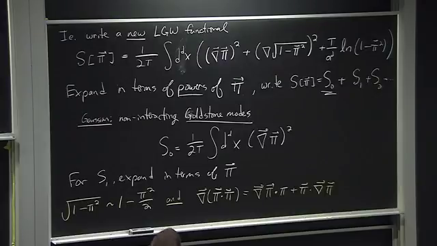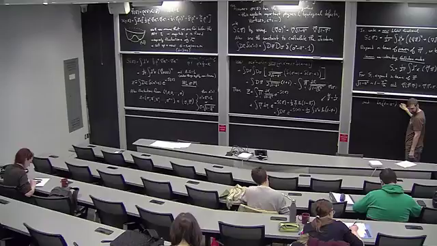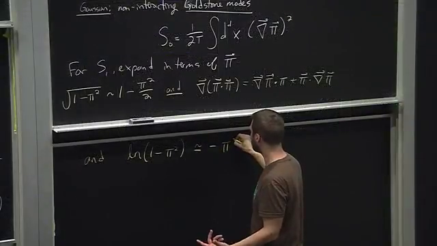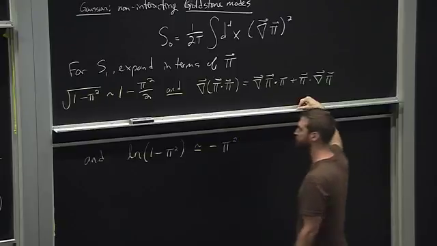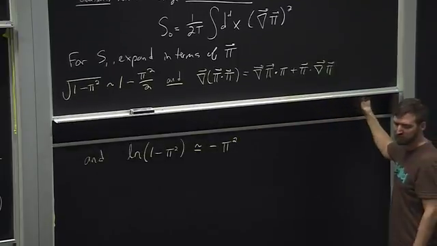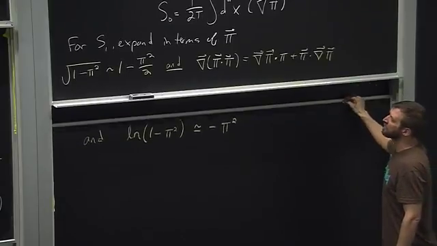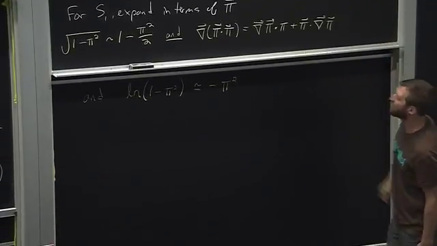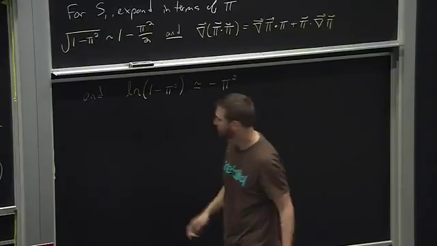What is it? 1 minus pi squared. Should just be minus pi squared. So that'll give me my first term, S1.